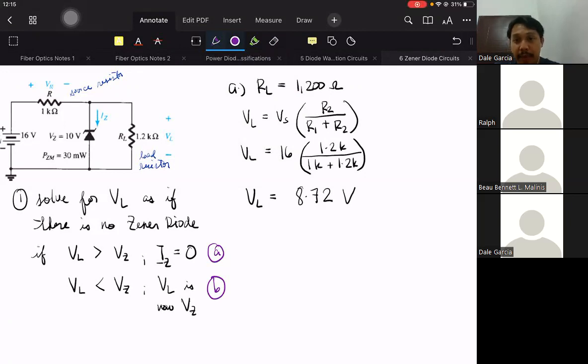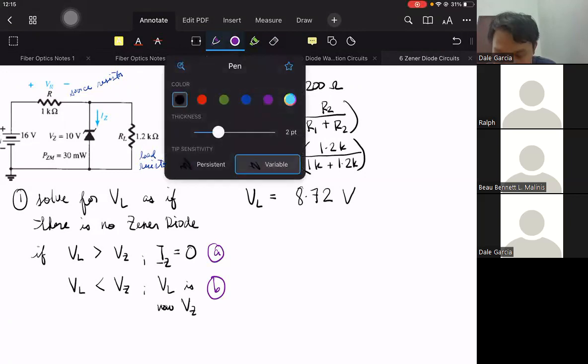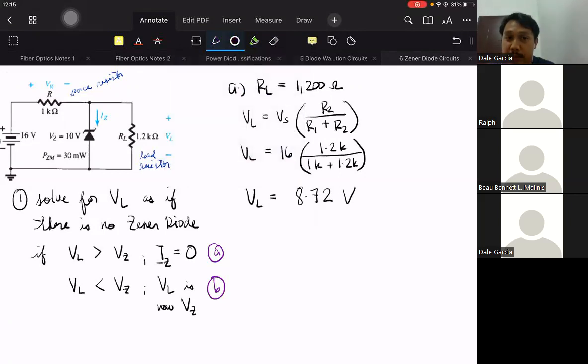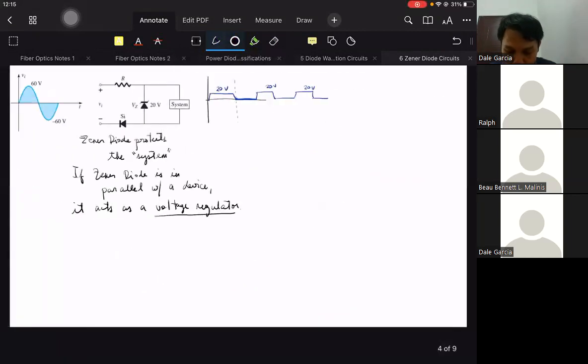It's not forward bias, but it is not reverse bias either. So it does not conduct current. So we can conclude directly: therefore, the Zener diode is off. It's as if our circuit has no protection set. It is not a voltage regulator.